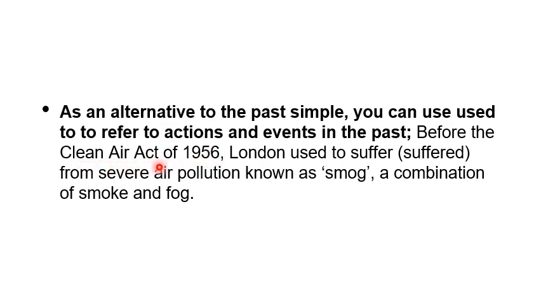Another example is before the Clean Air Act of 1956. The Clean Air Act is a law in Britain that was established in 1956. Before this law, London used to suffer from severe air pollution known as smog, which is the combination of smoke and fog.